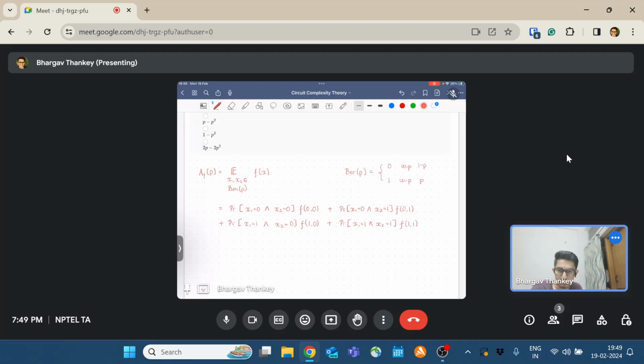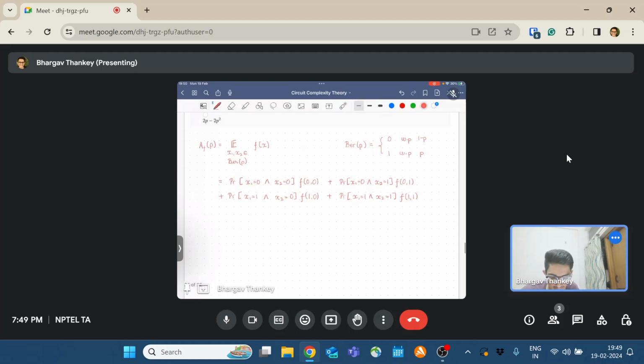So this is the expectation. Now what is this probability? Probability x1 equals 0 and x2 equals 0. My claim is it's this.